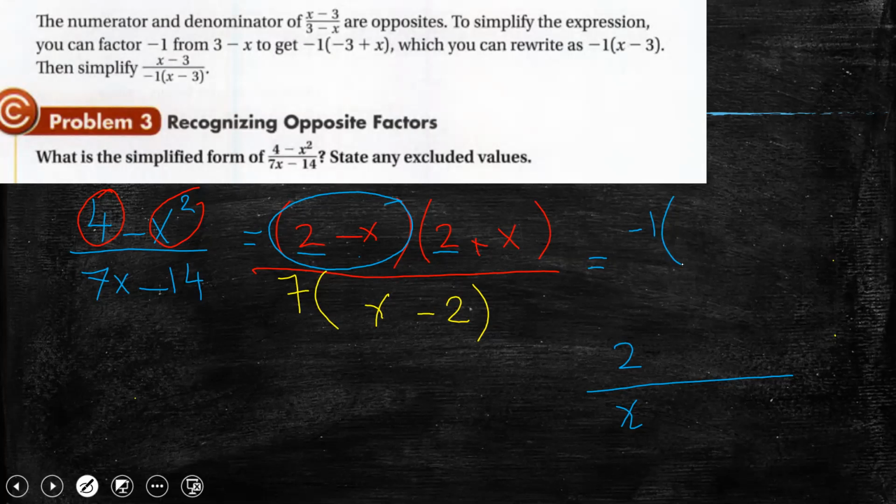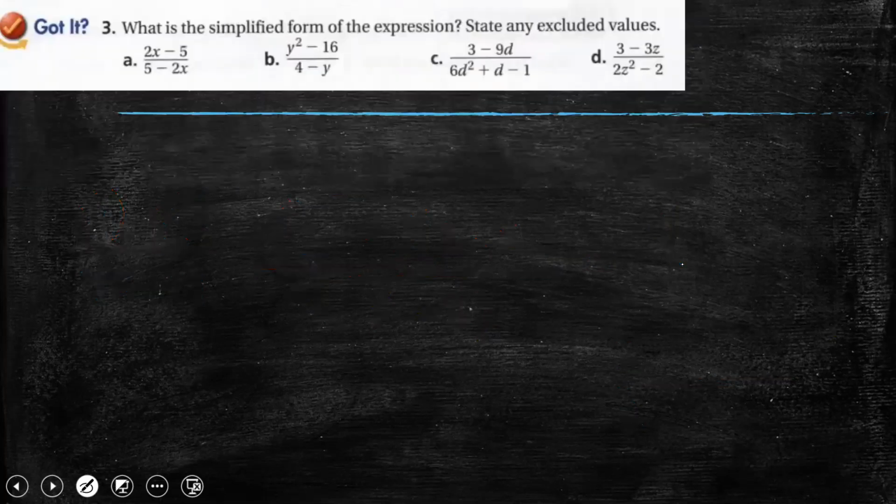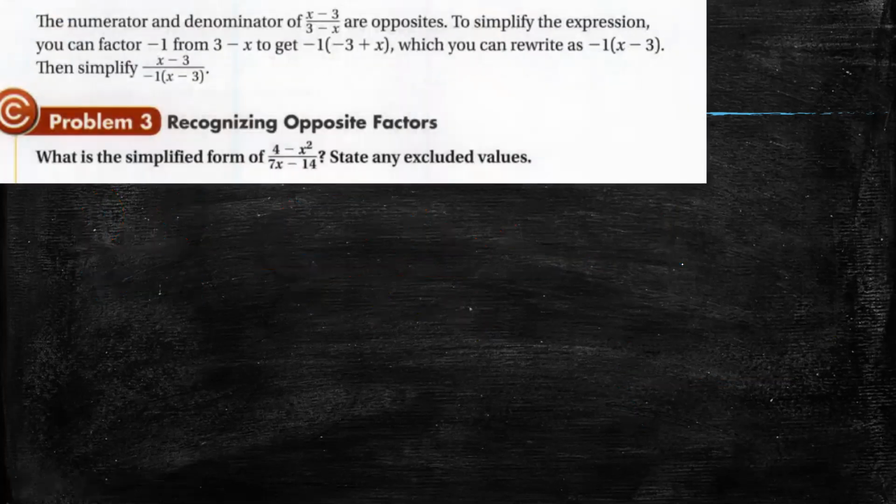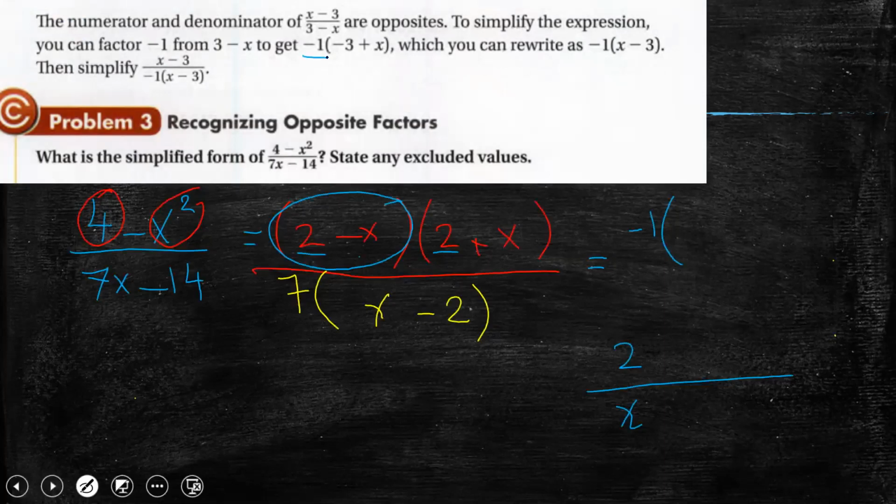Because if you take negative 1 here and multiply it, you will find that negative 1 times negative 3 is 3, and negative 1 times x is negative x. So it is 3 minus x, which is the same as the denominator. So when you take the negative 1, it helps me to simplify and change the order of the numerator here.